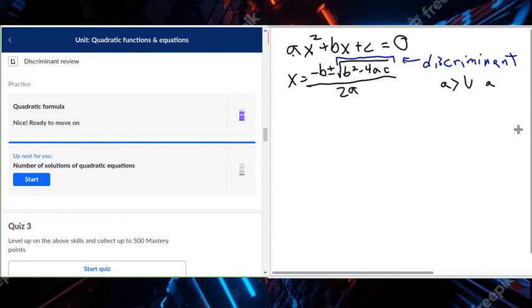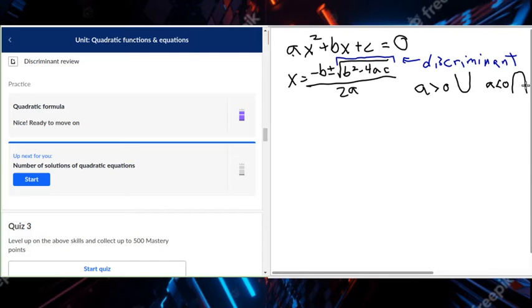Let me rewrite those because that really looks terrible. Let's try that again. We know that if A is greater than 0, then the quadratic opens up, and if A is less than 0, the quadratic opens down like that.